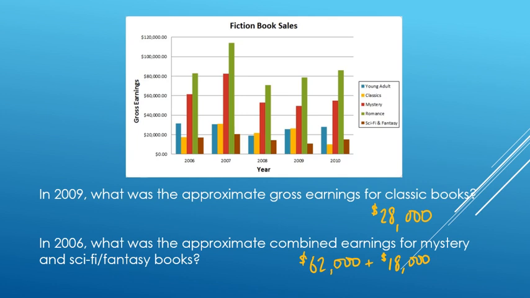So these are the estimates for each of these two genres of books, mystery and sci-fi or fantasy, individually. If we add these up, we get $80,000. So that is the approximate combined earnings for these two genres of books in the year 2006.